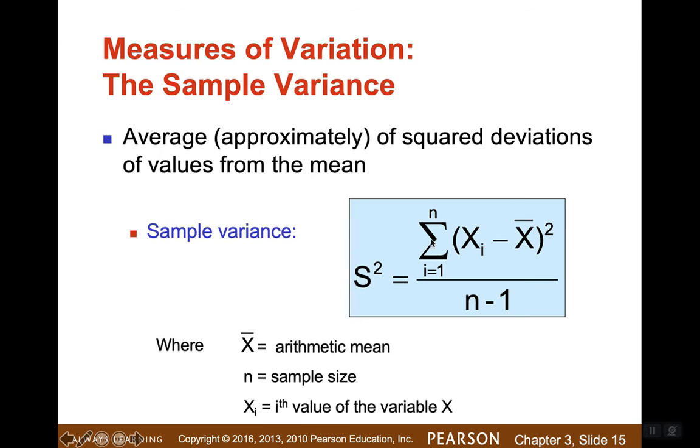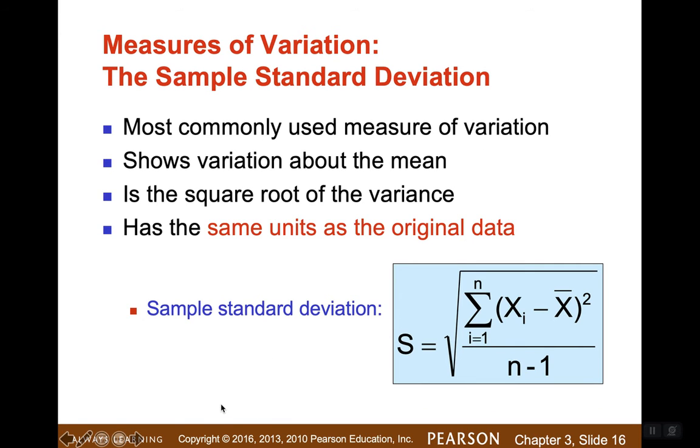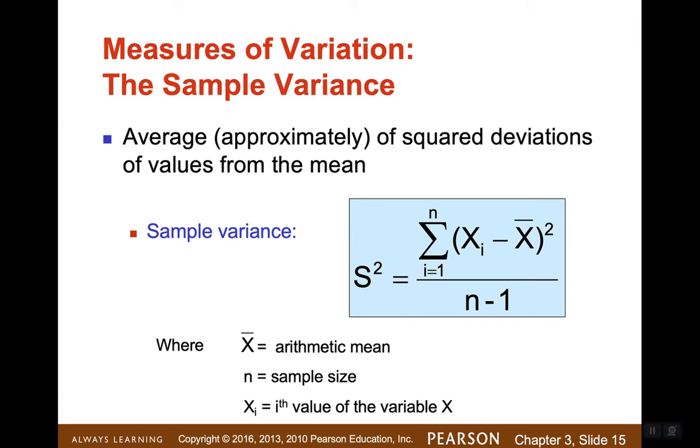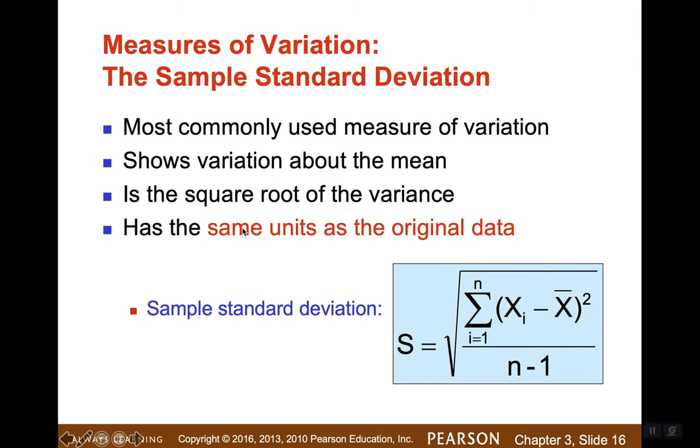It's the sigma of xi minus x squared over n minus 1, where x is the arithmetic mean, n is the sample size, and xi is the value of the variable. Then we'll take a look at how we calculate that out.